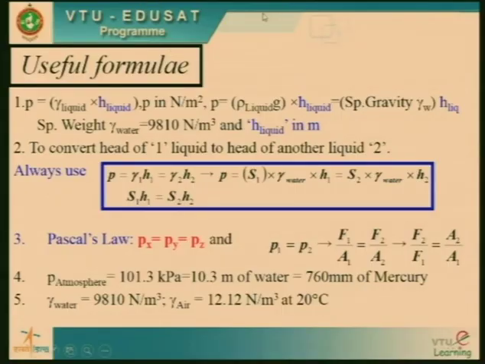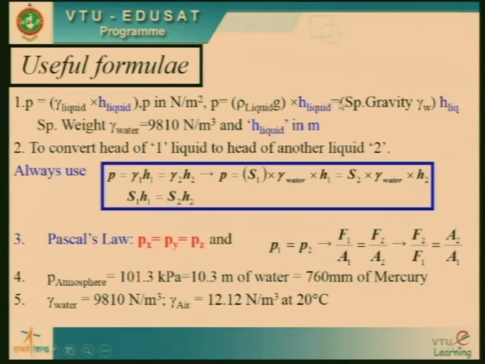Let us see the useful formulae which we are going to use. The most important is the hydrostatic law, which is nothing but the intensity of pressure P equals gamma liquid into H liquid, where P is in Pascal or Newton per meter square. The same formula, with gamma liquid changed to rho liquid into g, where rho liquid is the density of the liquid and g is the acceleration due to gravity, 9.81, multiplied by the same H liquid, the height of the liquid.